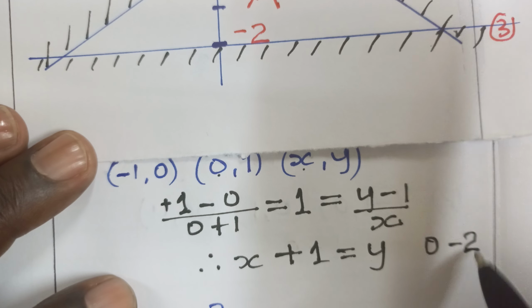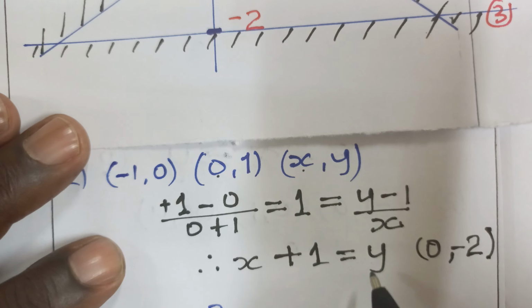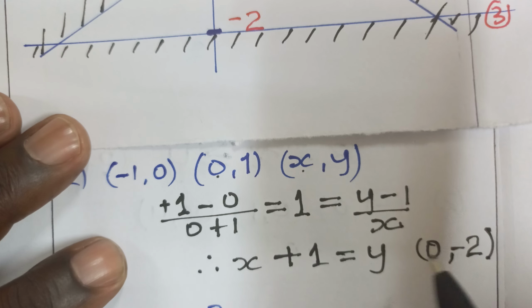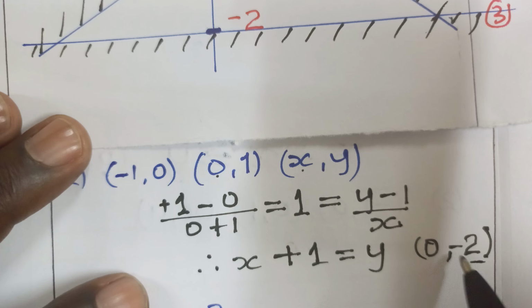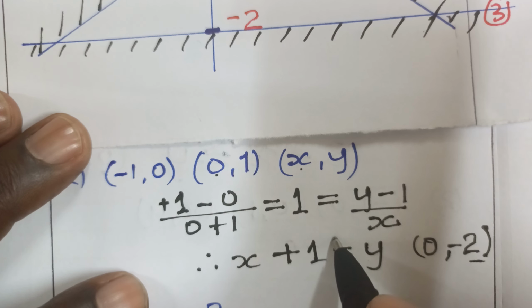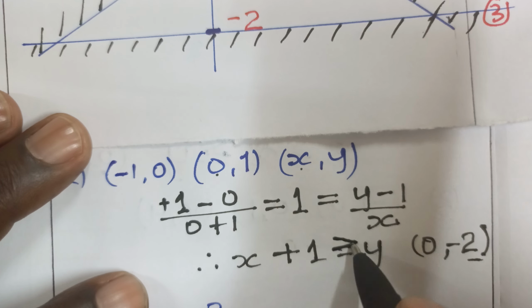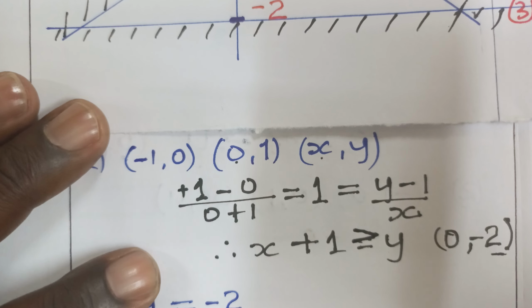When we put 0 on this line, we shall have y as 1. But any other line on the desired side will give us less. So this is less, and we again point that arrow towards y. This is our inequality for that line.